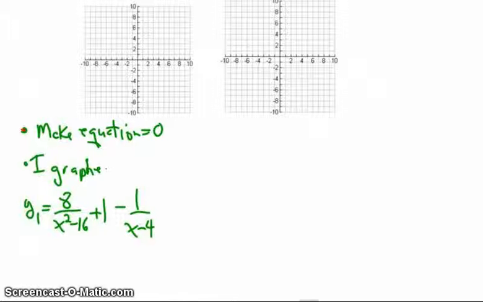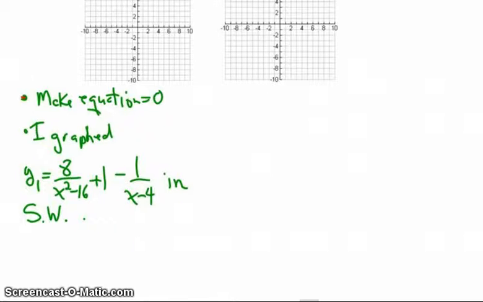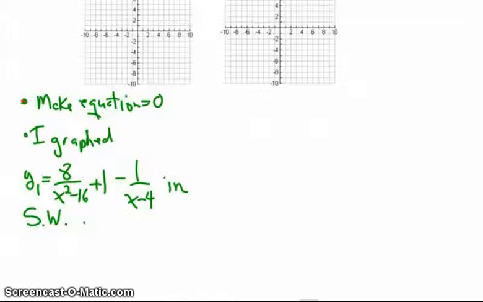I graphed y1 equal to that, and I state the window in, and because I don't want to write too much, in an SW window. And if you remember, that was called a standard window. That's the one in your calculator that's 10 by 10. And if that works, then use it. If it doesn't work because it's not big enough, then you'll have to change it. I want you to graph that now in your calculator and then come back and we'll talk and look at it, okay?